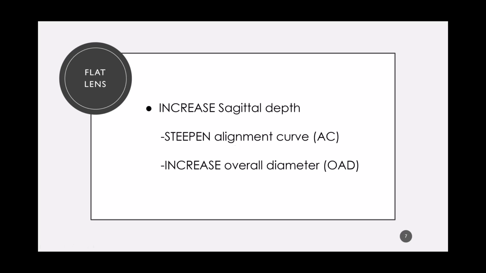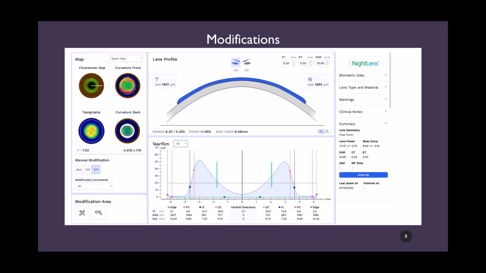Another way that you can increase sagittal depth or steepen a lens sometimes is to increase the overall diameter of that lens. But I would say your first move should always be to work with your alignment curves. That should always be your number one choice. Changing the overall diameter is something that you could do secondarily if changing the alignment curves is not working for you.